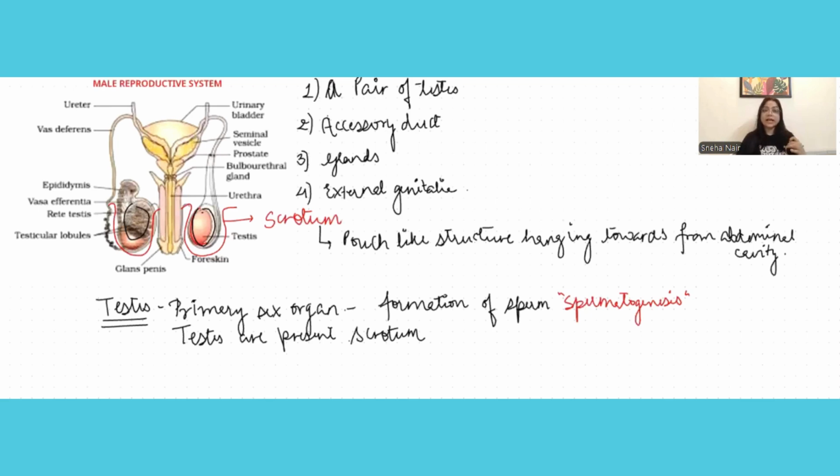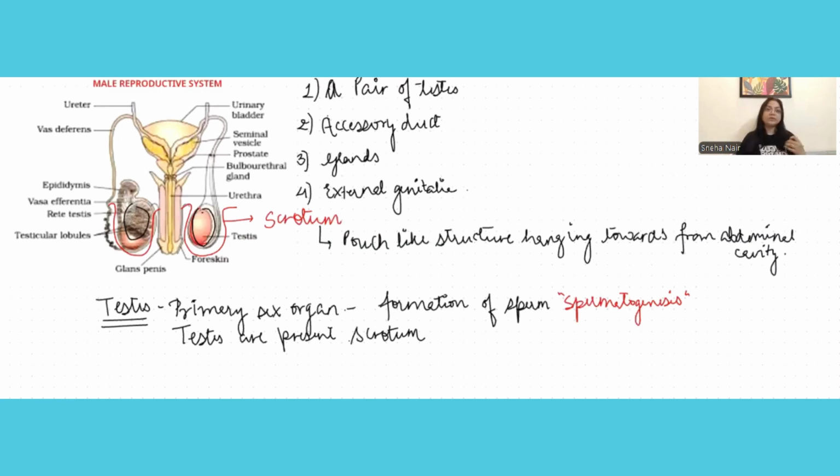And when does it happen? It happens during the seventh month of the fetal development. Then the testes are present in the scrotum, and scrotum provides them a favorable temperature so that spermatogenesis can take place. But let us say if the testes don't descend down into the scrotum, then what will happen?